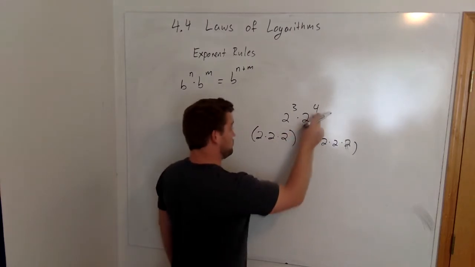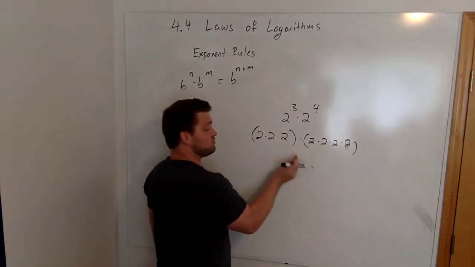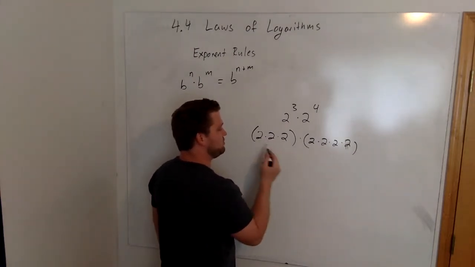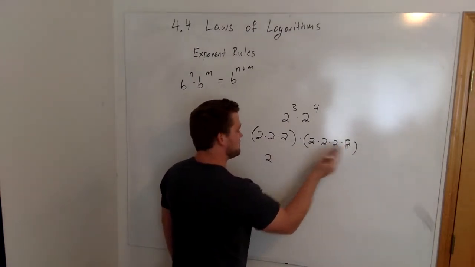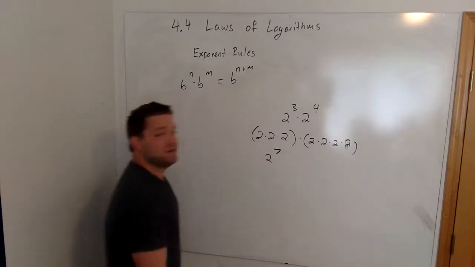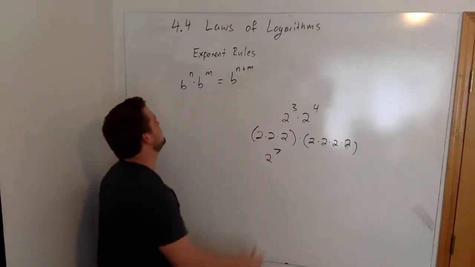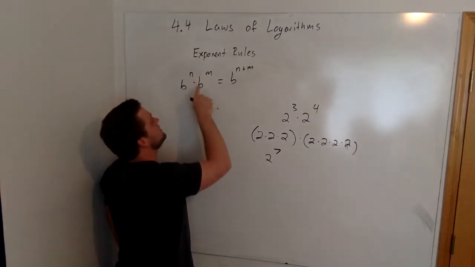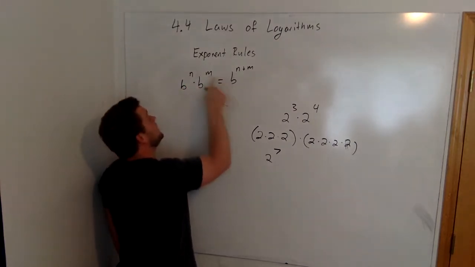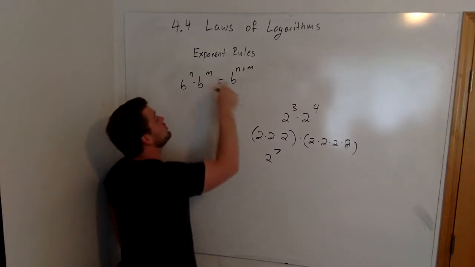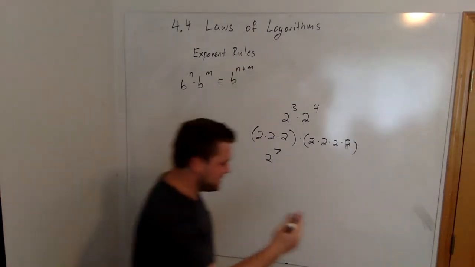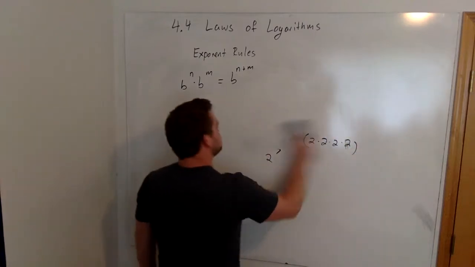Then take another 2 and multiply it by itself 4 times. Take those results and multiply them together. Now how many times am I multiplying 2 together? 1, 2, 3, 4, 5, 6, 7. I'm multiplying 2 by itself 7 times. So you're taking a number and multiplying it by itself n times, then multiplying in an extra m times, so you're really multiplying that number by itself n plus m times. That's a way to think about these exponent rules.